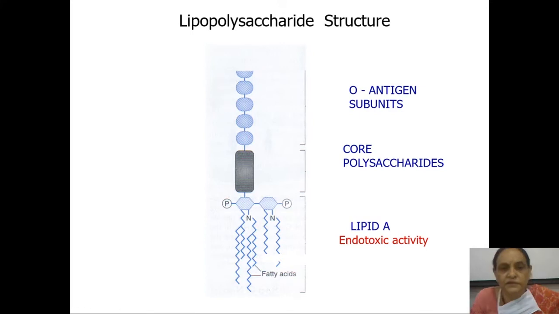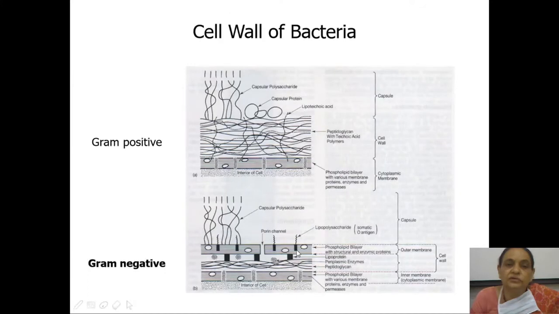So this is a gram-negative, and this is the lipid A there, and you see, these are the O antigen, and this is what gives the specific antibody response or specific serotyping, which can be used for classification, while the lipid A component gives the endotoxic property, which causes sepsis and septic shock, one of the major problems of gram-negative bacteria.